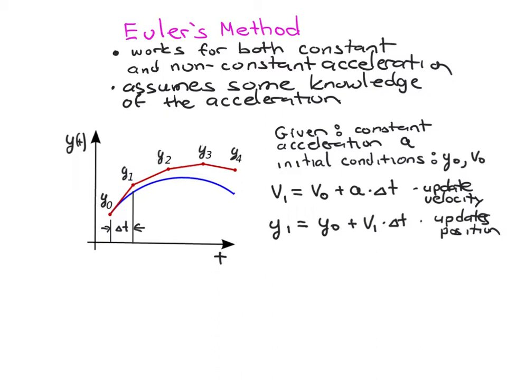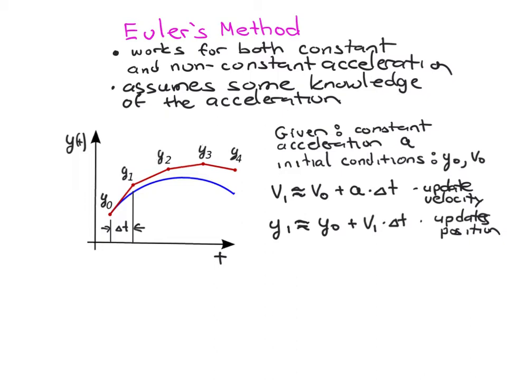And then the other thing we'll say is that this is clearly not an exact relationship. I really should put wiggly signs here. And you see that in the graph here. The position of y1 does not give you the exact value of where the object is going to be at time 1. It's just an approximate relationship.